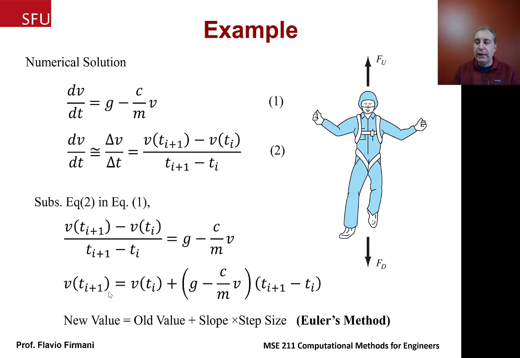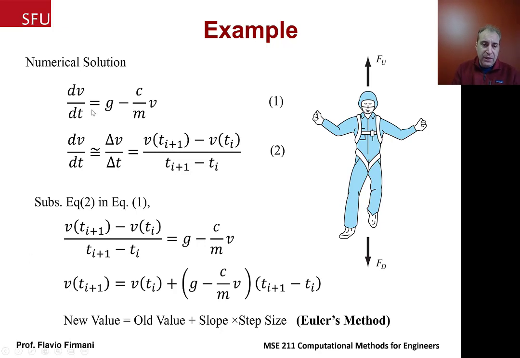Later on in part 7, which is at the end of the course, we're going to see other algorithms that can be implemented to solve the same problem, and these algorithms are more robust than the one that we're going to see today. But this one will give you an idea of how we can evaluate the response of the system, how we can determine what the terminal velocity of the parachutist is.